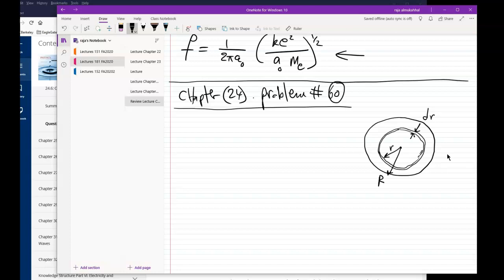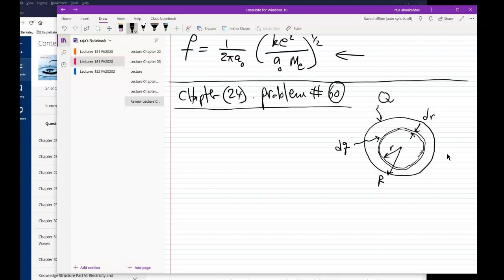Now, if the total charge on the sphere is big Q, the charge on this spherical shell is going to be, let's say, dq, just like we've been doing in the past when we were covering Gauss's law.